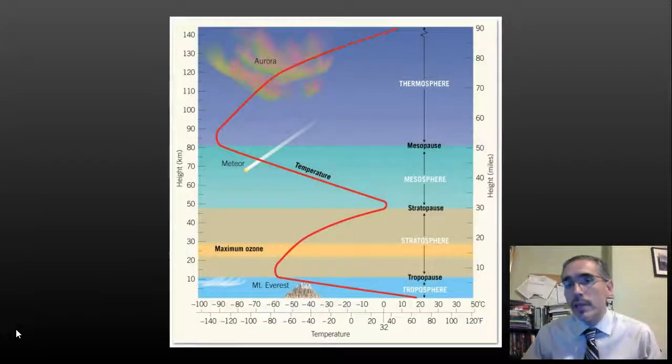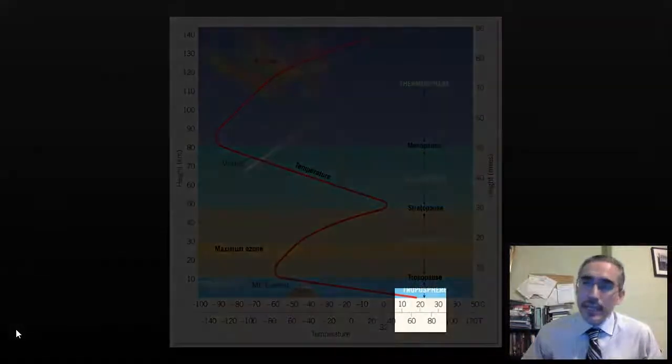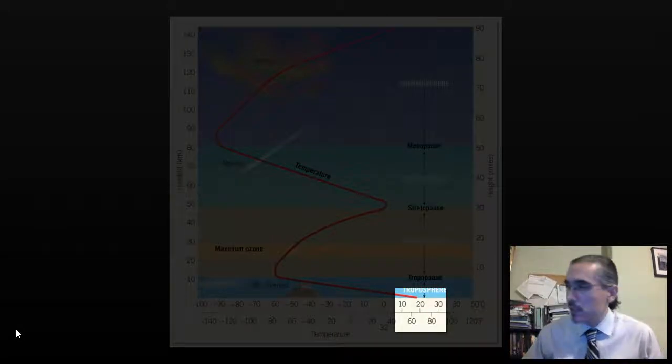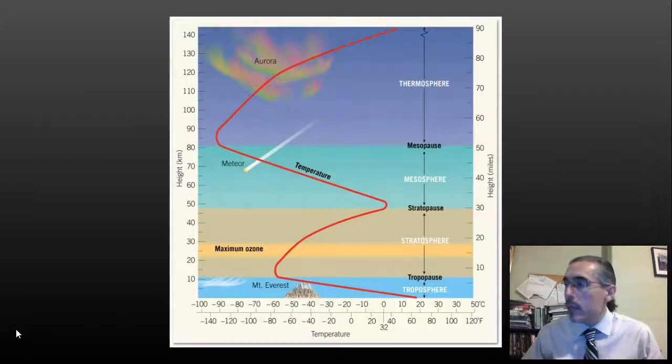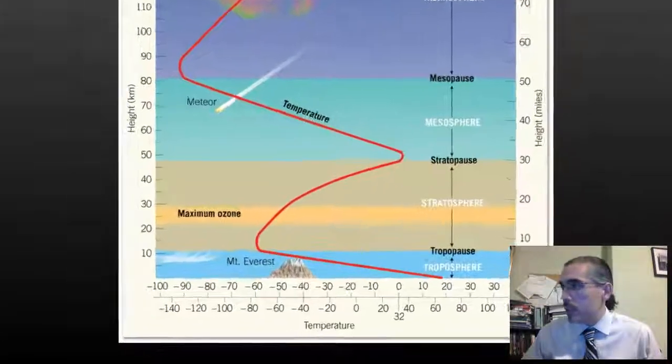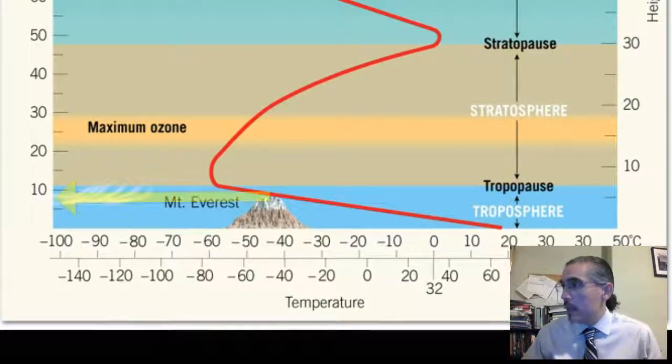So we read the temperature relative to the red line. If we start at the surface of the Earth, the temperature is about 19 degrees Celsius or 66 degrees Fahrenheit. As we follow the red line up to the top of Mount Everest, at about 9 kilometers of height, as you might recall, the temperature drops to about minus 45 degrees Celsius or about minus 50 degrees Fahrenheit.